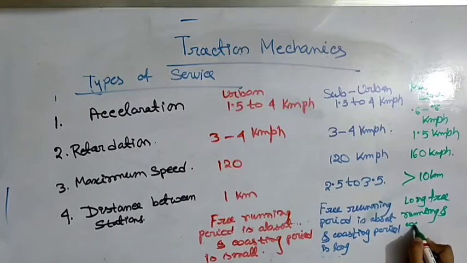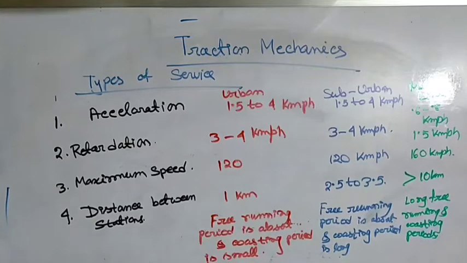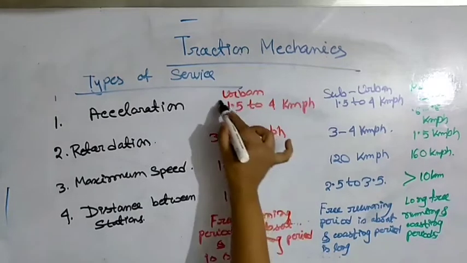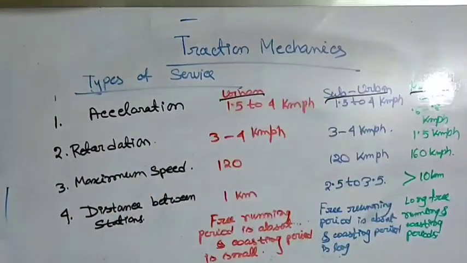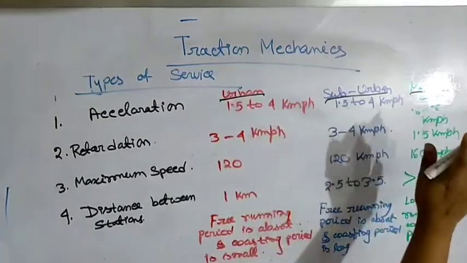Now acceleration and braking periods are comparatively small. Now this is the comparison of these parameters: acceleration, retardation, maximum speed and distance between stations for urban service, suburban service and mainline service.